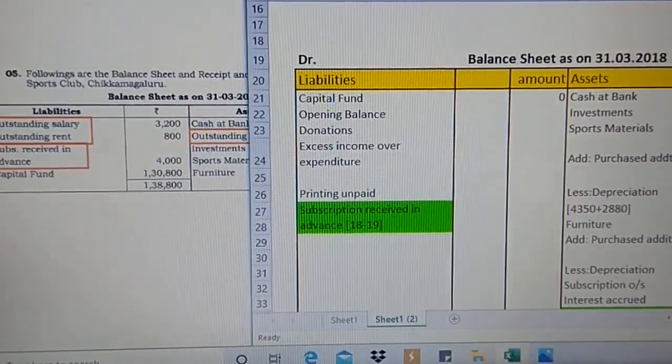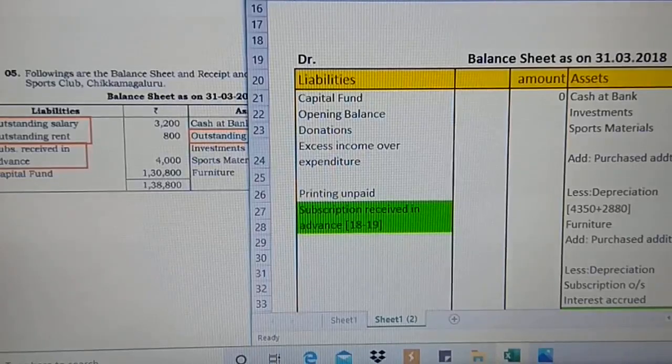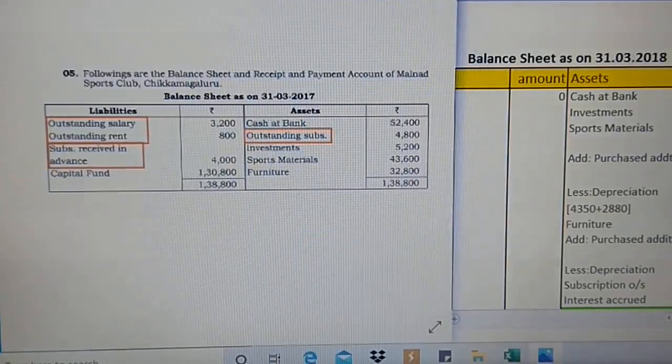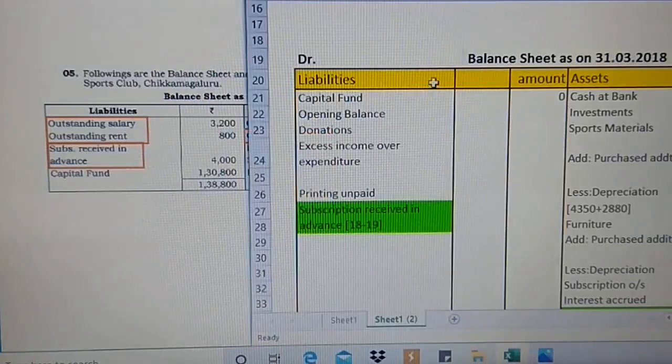So I'm just concentrating on what is required for us. So just going for the opening balance sheet, what actually is required? Outstanding adjustment, everything is completed. Only one item, capital fund opening balance to be taken in the balance sheet. So I'm just taking it 1,30,800. So opening balance is taken.